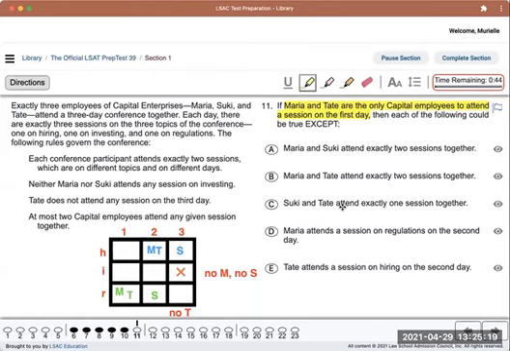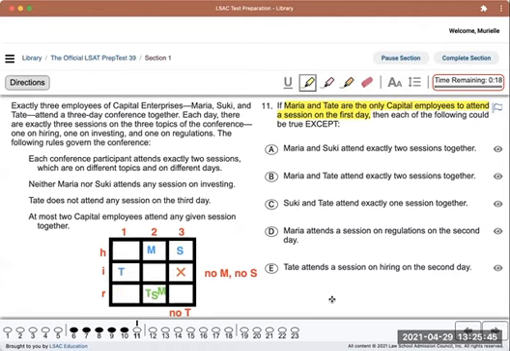S and T attend exactly 1 session together. Yes, so they could attend that together as long as T doesn't attend 2 on the same day. M attends a session on regulations on the second day. So M attending this session here, I don't see anything wrong with that.